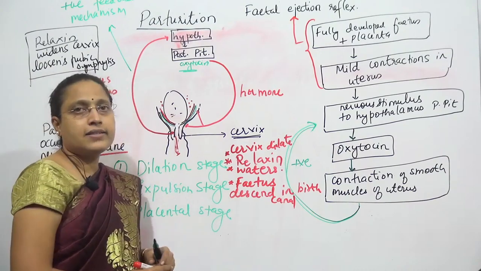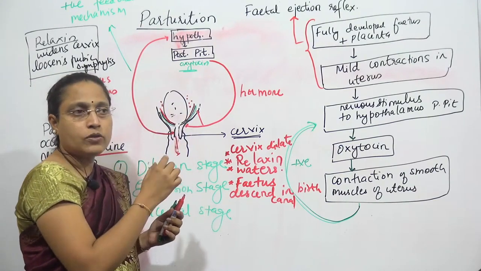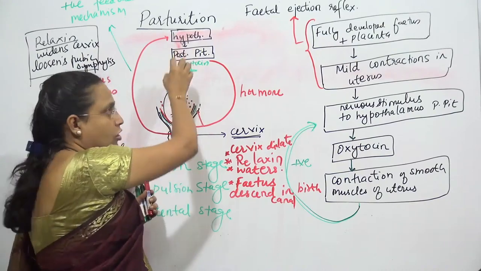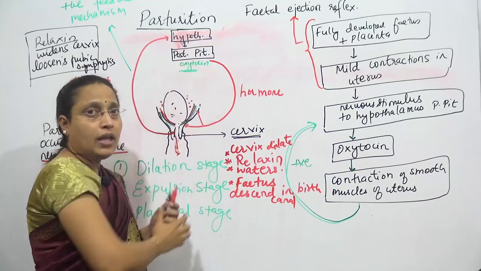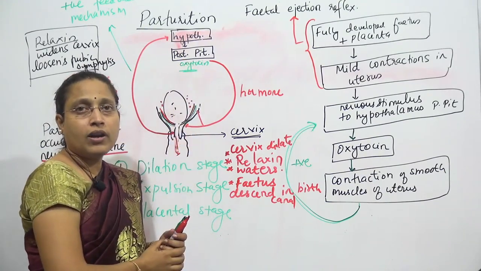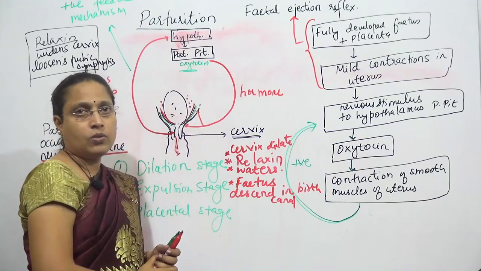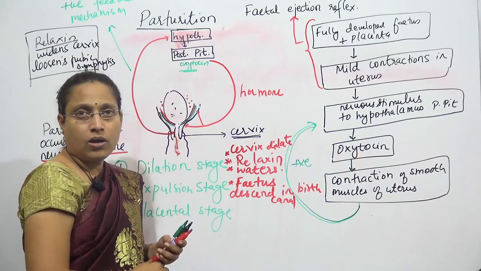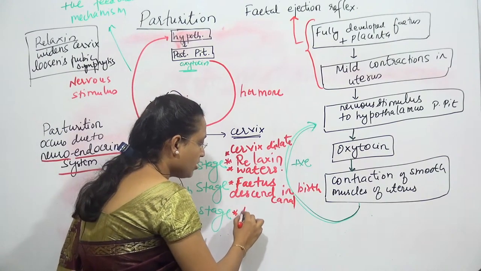And the placental stage. Once the fetus has come out, what is going to come along behind it? The umbilical cord and the placenta will also be delivered outside. The placenta will detach from the inner wall of the uterus of the mother and be delivered outside. And during this process, they are going to cut the umbilical cord. So the placenta is also delivered.